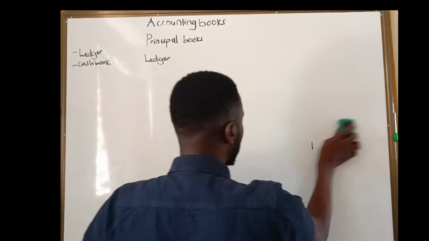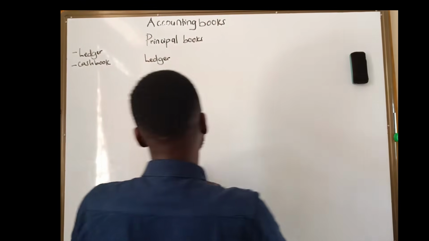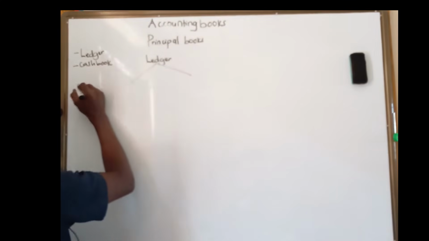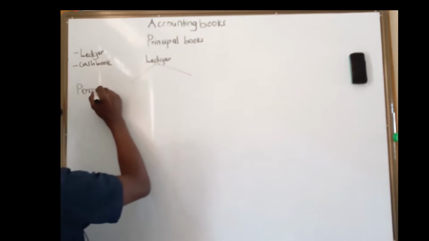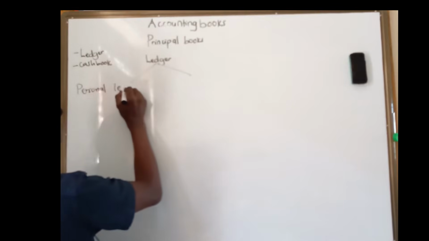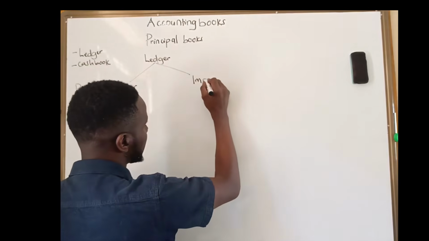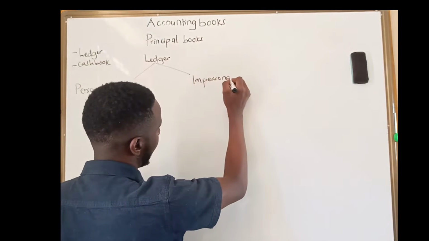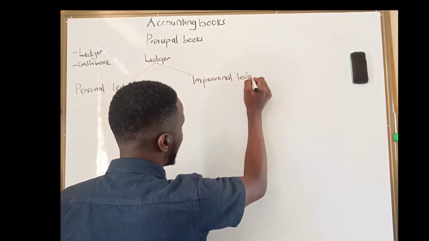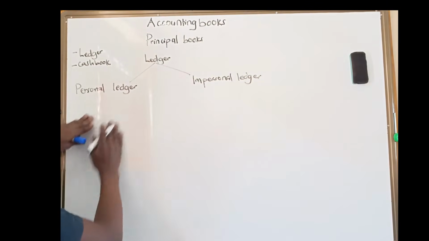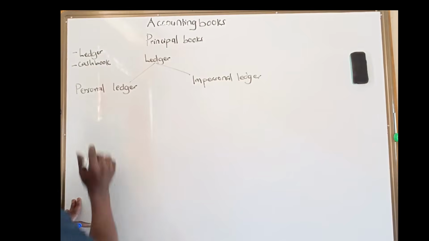Now, the ledger is divided into 2. We have the personal ledger and we have the impersonal ledger. When it comes to the personal ledger, we have 2 examples that fall under it.